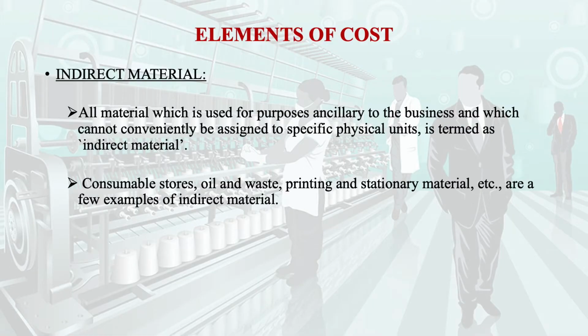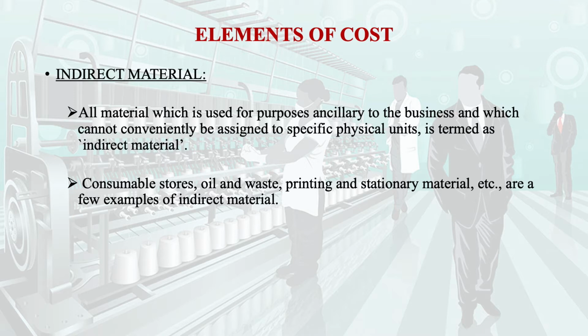All the materials which support or which are used as an ancillary material are called indirect material. For example, consumables, some types of lubricant material, oil, electricity, different types of coolants, printing and stationery material; they support making the product.